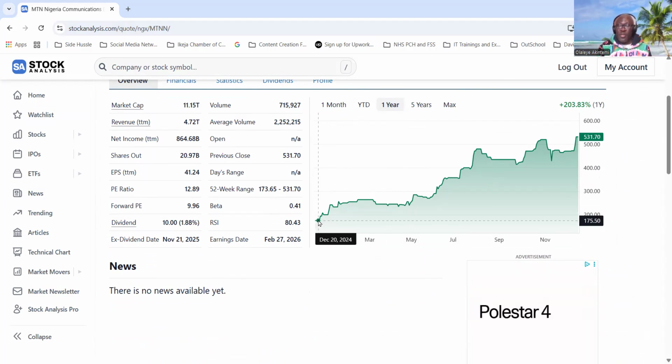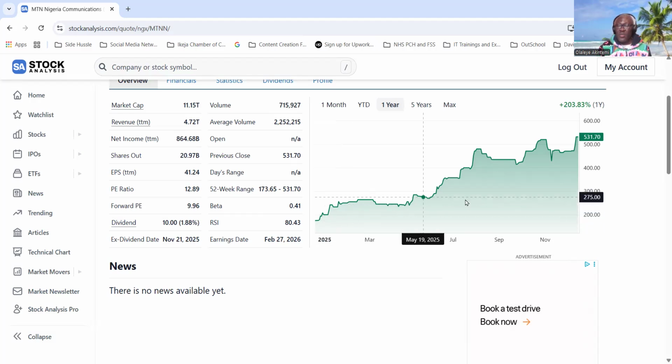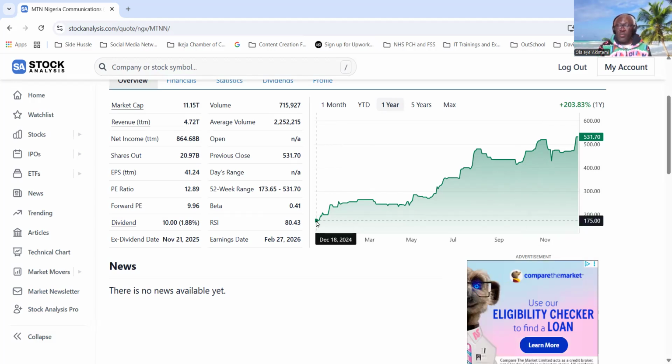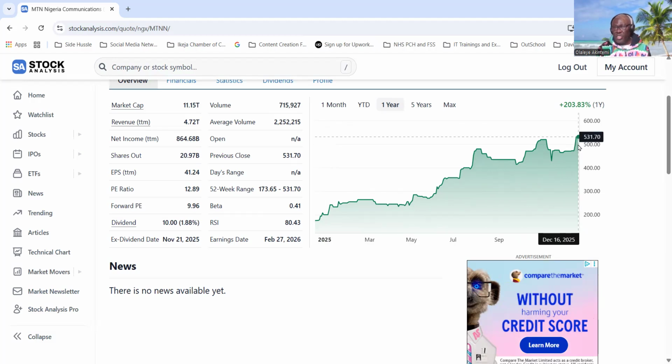If you keep your MTN stock from December 2024 up till now, you imagine how much capital gain or appreciation you've made from 175 naira to 531 naira. You can see how the stock has moved up gradually.